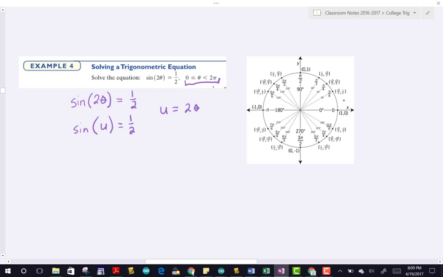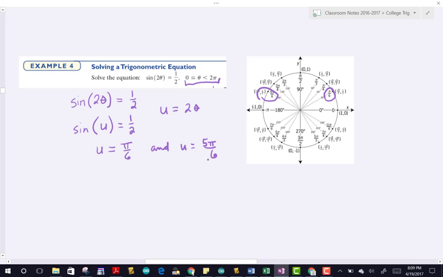So I'm looking for places in my unit circle where my y-coordinate is equal to a half. So that's going to happen at pi over 6 and 5 pi over 6. Okay, so right here my solution is going to be that u equals pi over 6 and u equals 5 pi over 6.